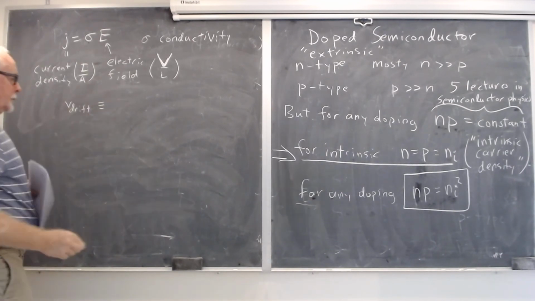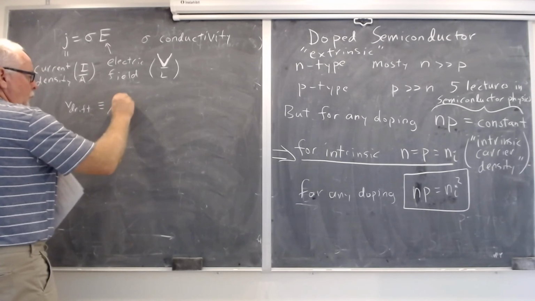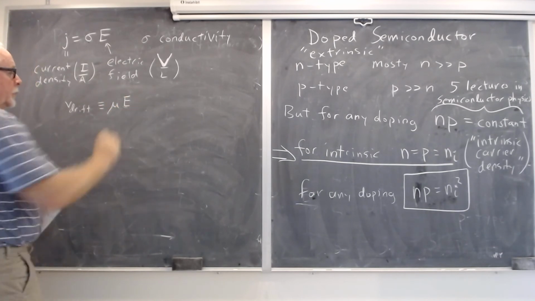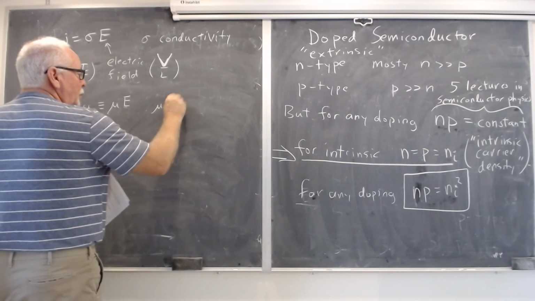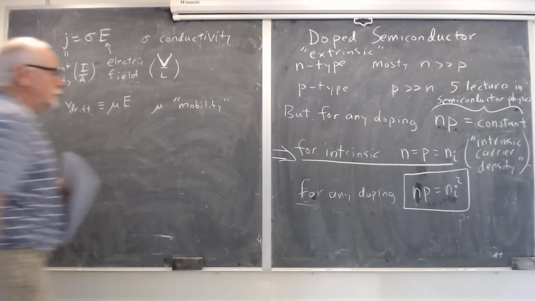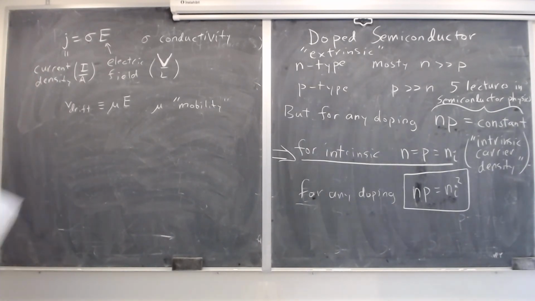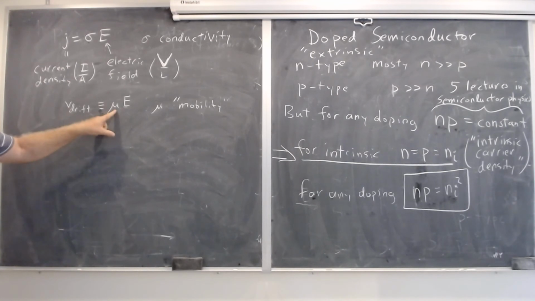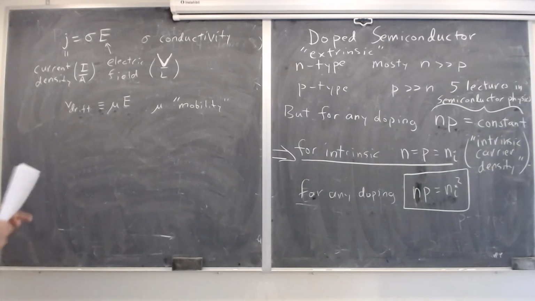Now this is a definition, where mu is the mobility. So, when you draw three lines like that, that means that this is defined. It's not something I derived, it's the definition of what mobility means. And it makes sense, because the higher the mobility, the higher velocity for a given electric field. So it's more mobile.